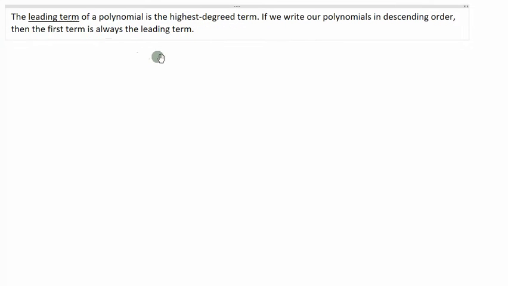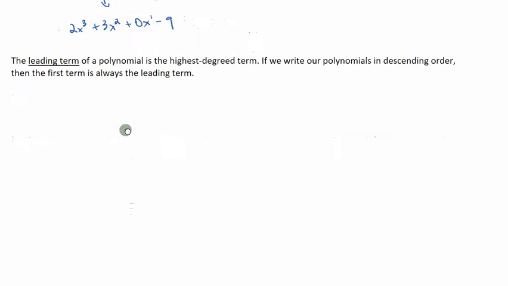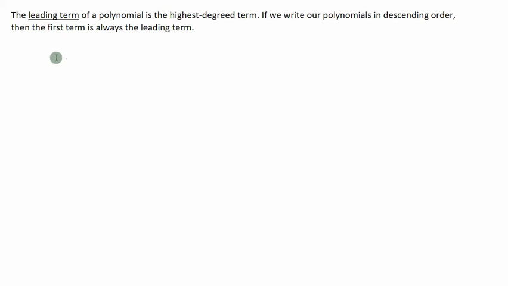So if we go back to our previous example, let me grab this guy again. The leading term is 2x cubed. It's not the first term, but it's the highest degree.